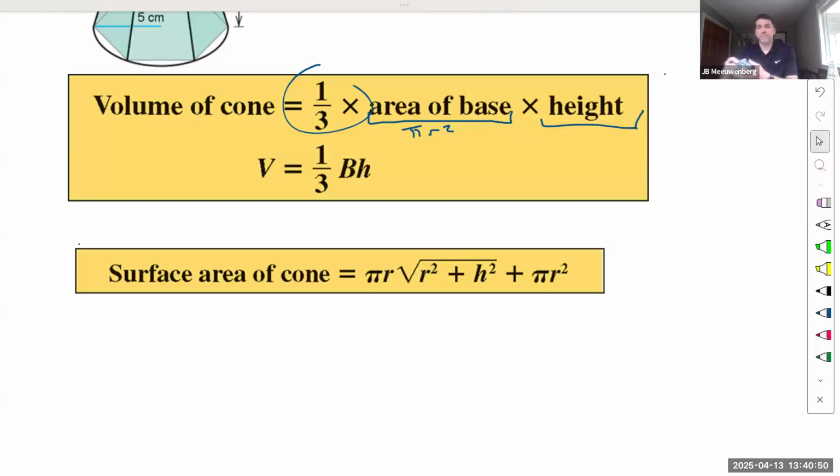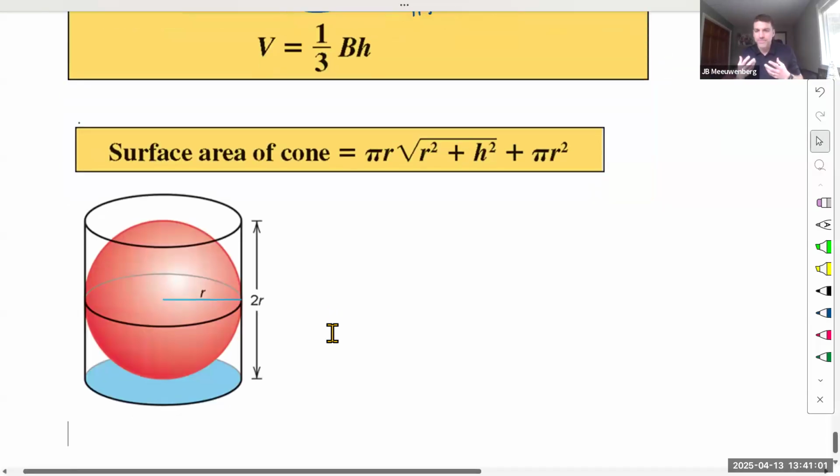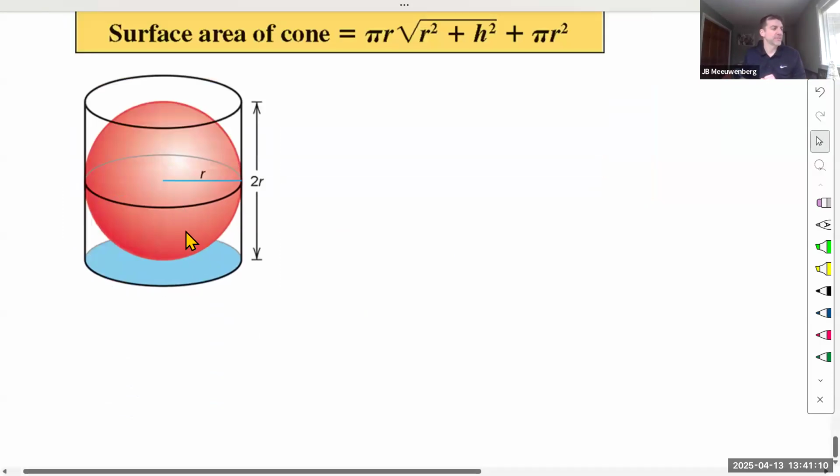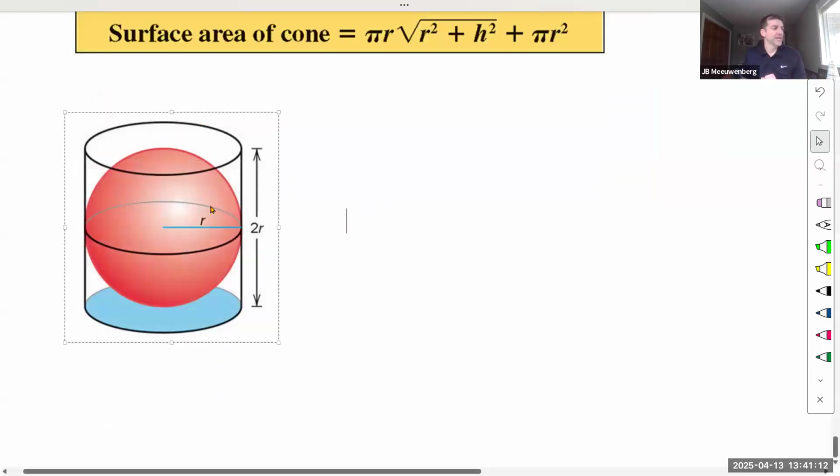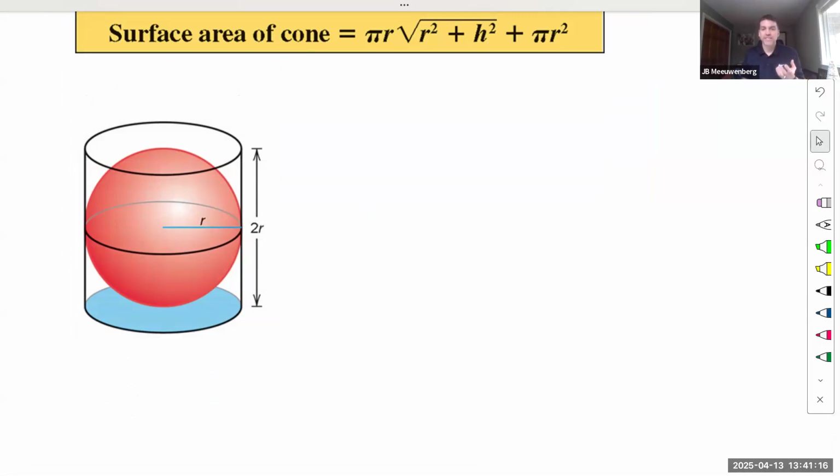So spheres, right? Like a ball, right? So spheres are a ball. And this also is very connected to cylinders. It's always interesting to me how these relationships exist in volumes and even surface areas between different types of figures. And so what you're going to see here is the picture of a perfect sphere resting inside of a cylinder.